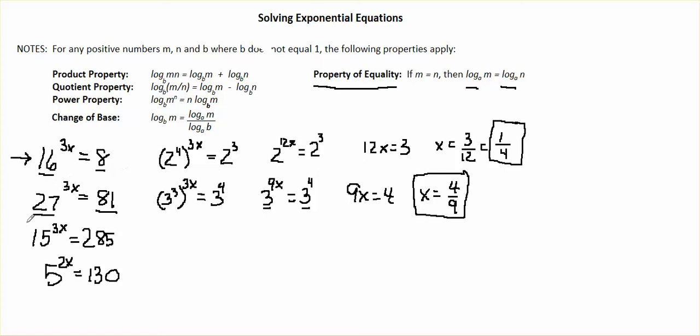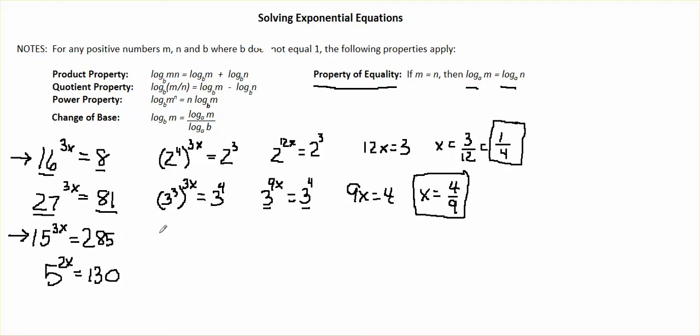All right, so now let's take a look at these last two problems, because I want you to notice, if you ask yourself, do 15 and 285, can we represent them as powers of the same number? We can't. So we're going to have to solve this a little bit differently, because we may want to actually find a real solution for our variable here. So we're going to take a look at the log buttons on our calculators.